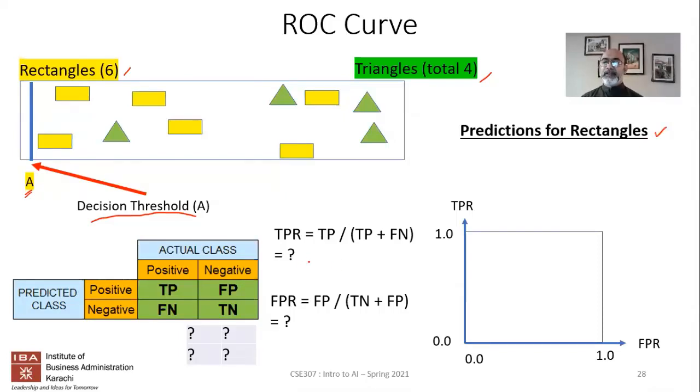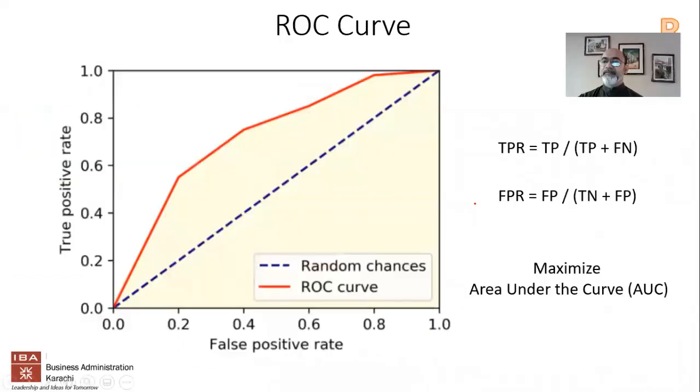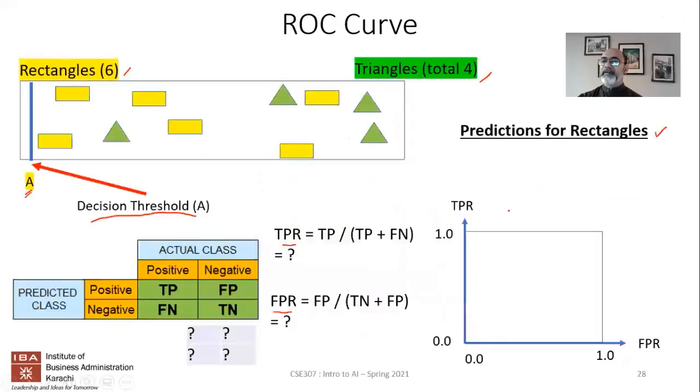So let's do a quick calculation, and I need your help for this. What would be the true positive rate versus the false positive rate? Remember that in the ROC curve, we are plotting the true positive rate versus the false positive rate. And these are the equations for this. The TPR is essentially the recall, and FPR is a slightly different metric.